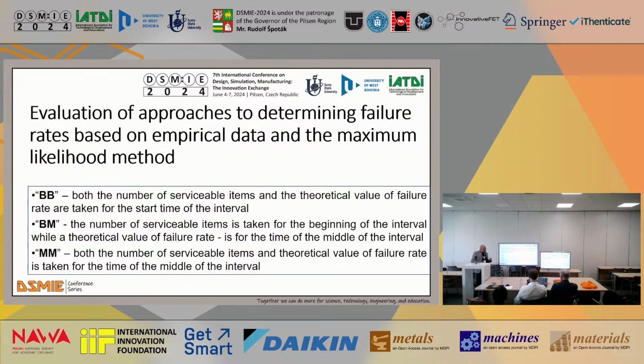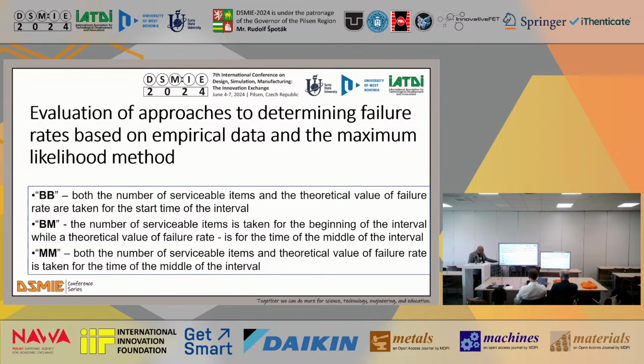We can see three approaches for comparison of this criterion. The first one we called BB: both the number of serviceable items and the theoretical value of failure rate are taken for the start of the interval. BM: the number of serviceable items is taken for the beginning of the interval, while the theoretical value of failure rate is for the middle of the interval.